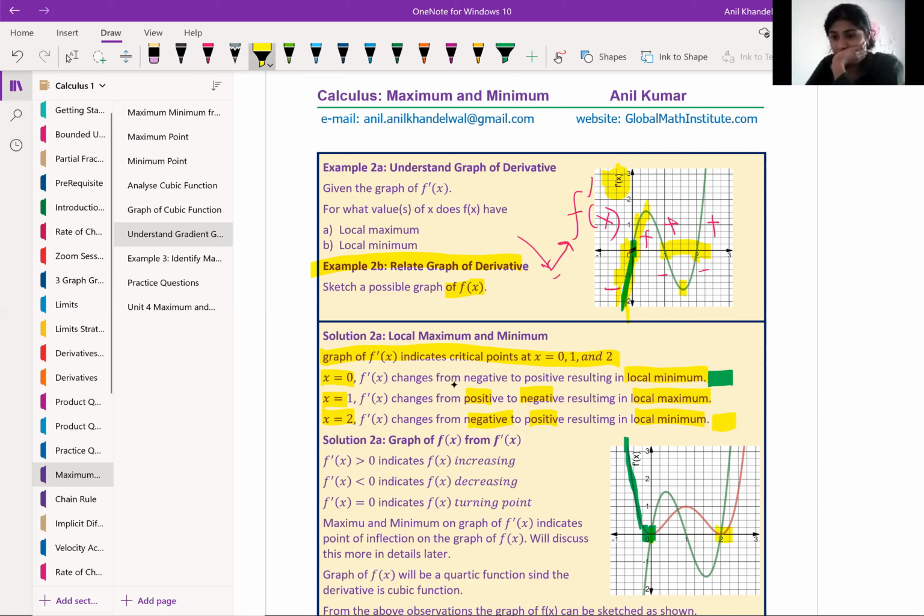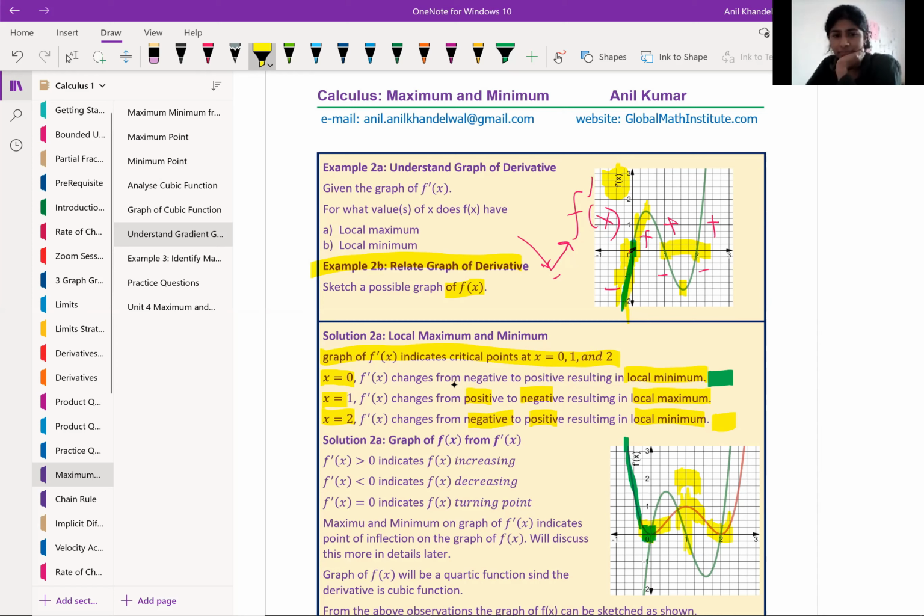Perfect. We have local minimums here, so we have a turning point at these points because minimums and maximums are turning points. And we have a local maximum at this 0. Once you have this turning point, the graph has to turn from there. So we know these 3 turning points.